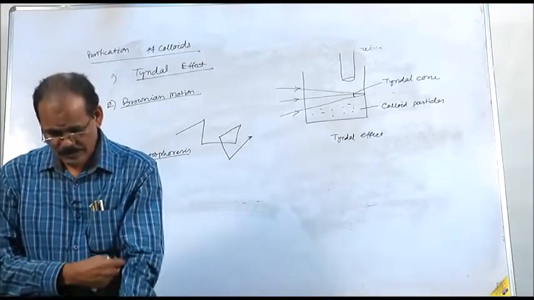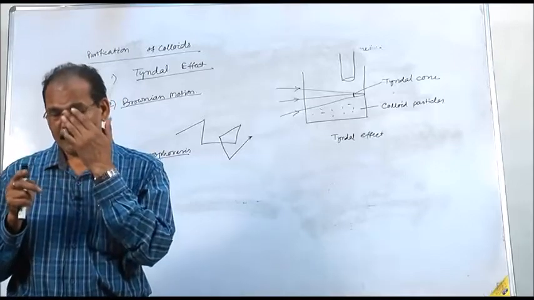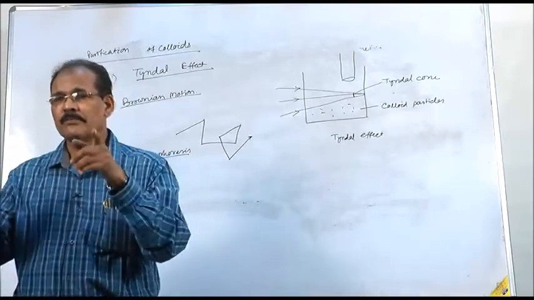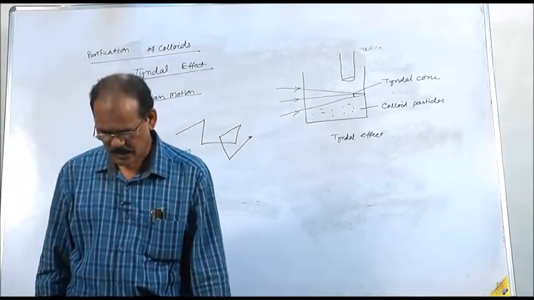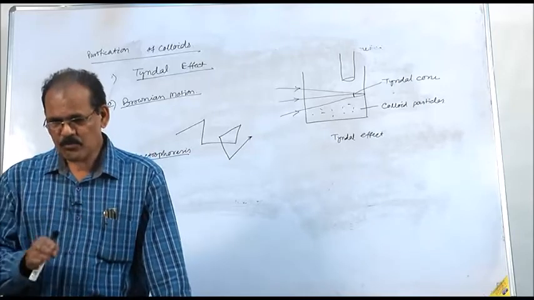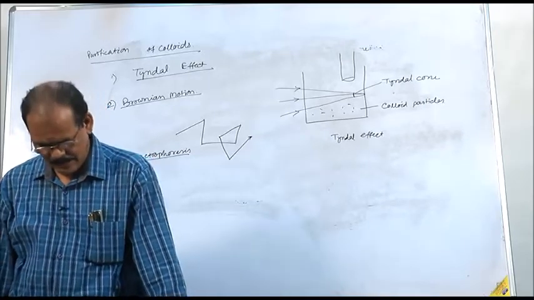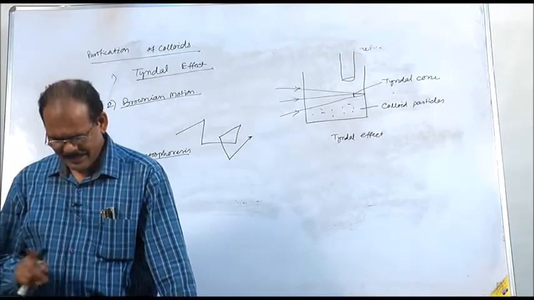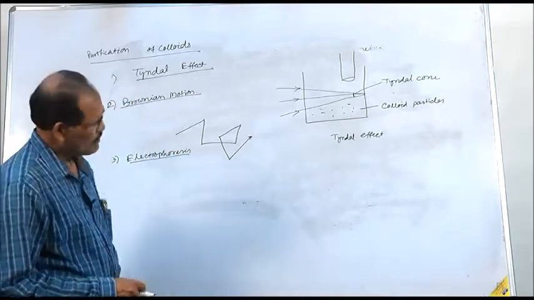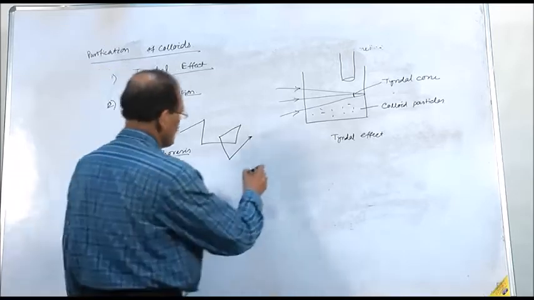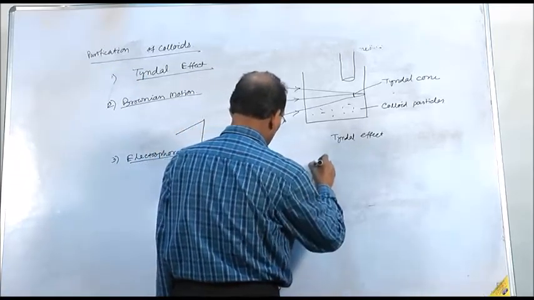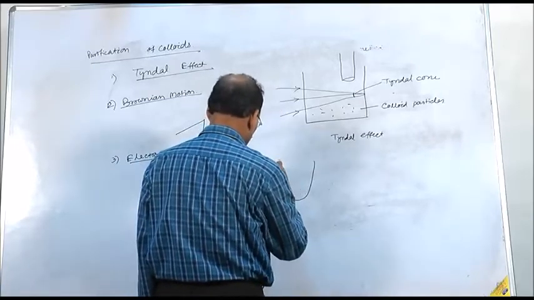So when colloidal solutions are placed in an electric field having positive and negative electrodes, the colloidal particles will move towards the respective electrodes. That is, the migration of colloidal particles under the influence of an electric field is known as electrophoresis. To understand this, we have to take an electrophoretic apparatus.